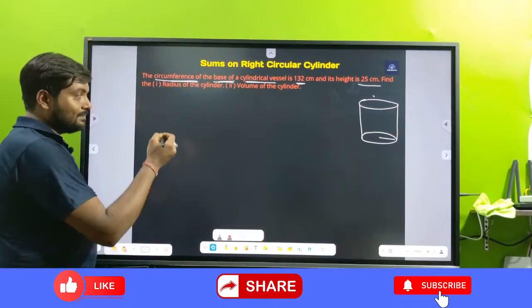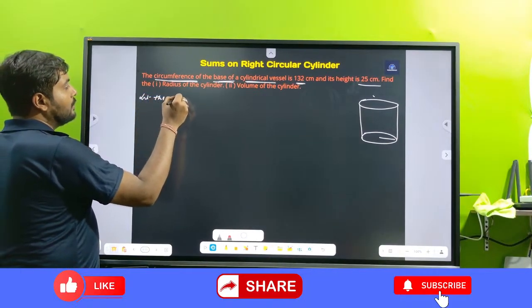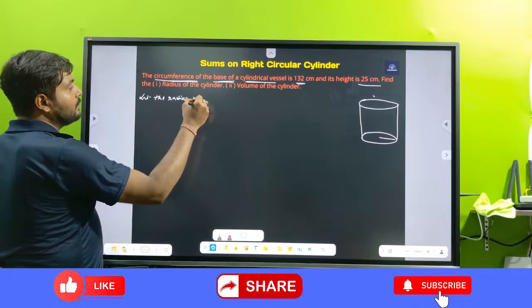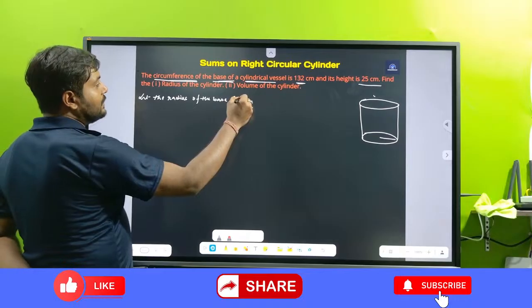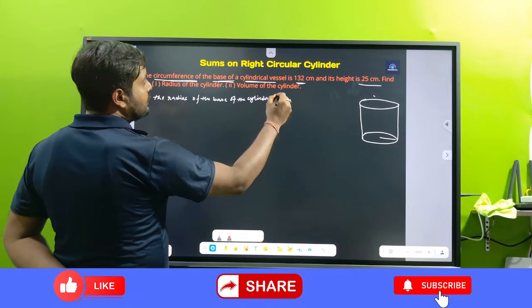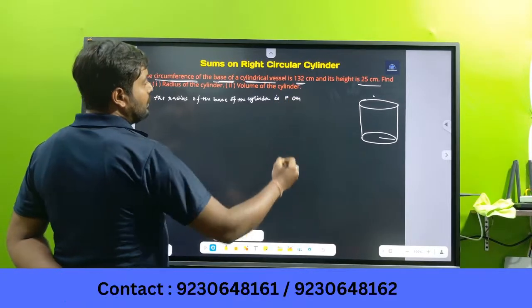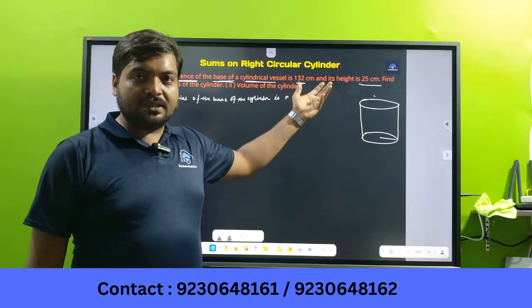Let's solve this sum. Let the radius of the base of the cylinder be r centimeter. We are taking the unit centimeter because the sum is given in centimeter.